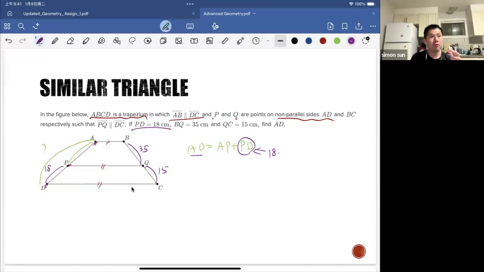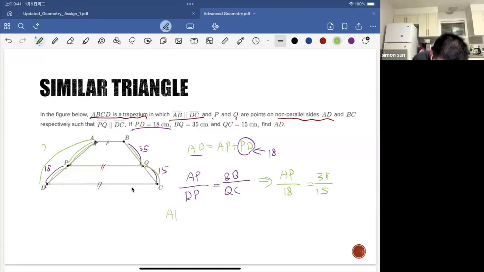Okay, based on what we just learned, the left side and the right side should be divided into the same ratios. So we should have AP over DP equal to BQ over QC. The left ratio will be equal to the right ratio. So what we have here is AP over 18 equal to 35 over 15.